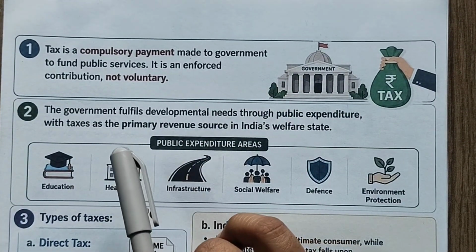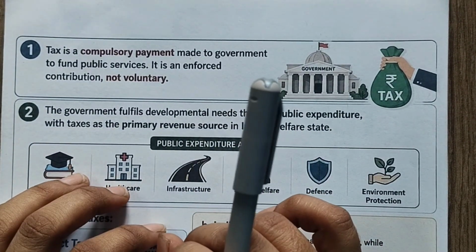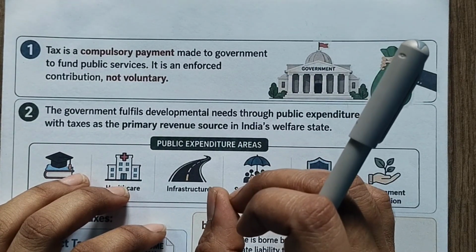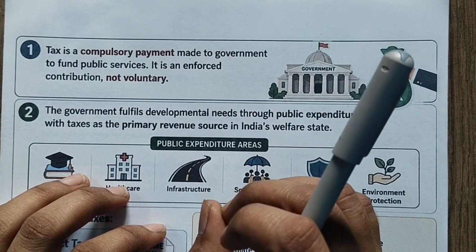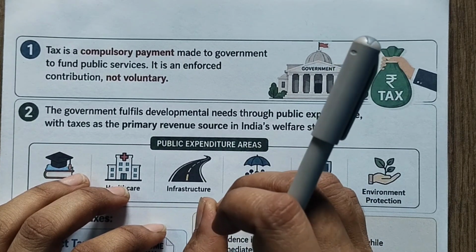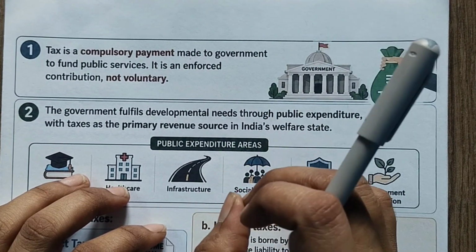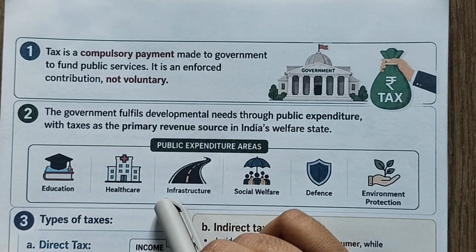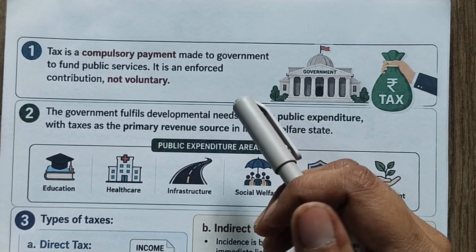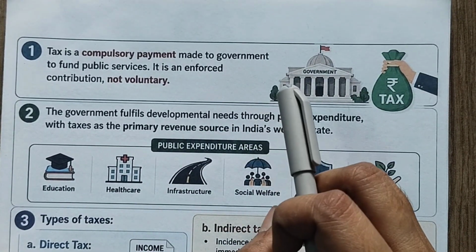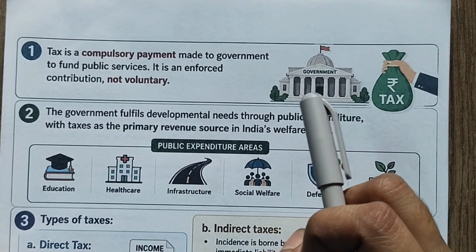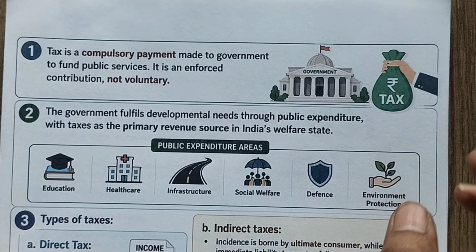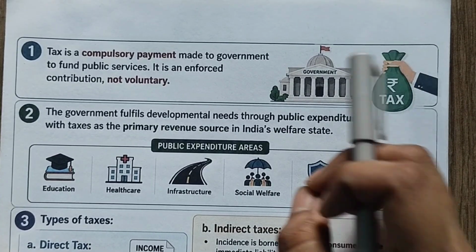What is tax? Why does the government collect the tax? The only one who collects the tax is the government, right? The government has the authority to collect the tax. So, why are they collecting this tax? Now, have you seen government schools, healthcare centers, government hospitals, infrastructure, that is roads, social welfare, defense, environmental protection?